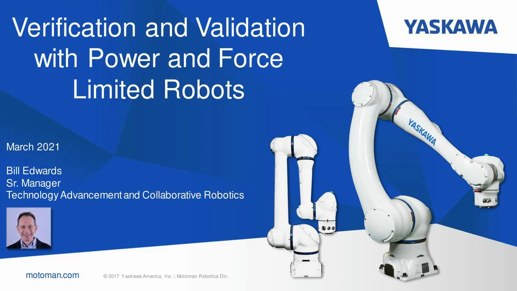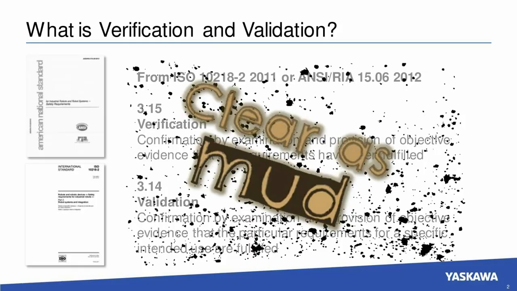and discuss the definition of what is verification and validation. So from ISO 10218 part 2 and ANSI RIA 15.06 2012 part 2, verification is confirmation by examination and provision of objective evidence that the requirements have been fulfilled.